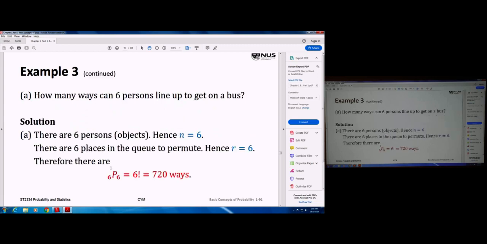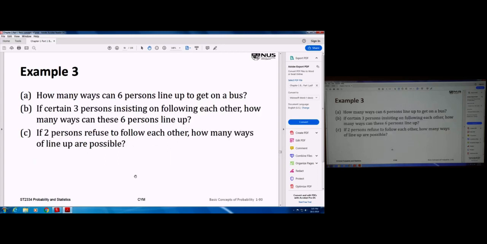There are 6 people, and I'm going to choose 6 of them. This is the case where n and r are equal, so that's n factorial, 6 factorial. That's the first thing that we said before. You can use the formula: 6 factorial over 0 factorial is 6 factorial by definition.